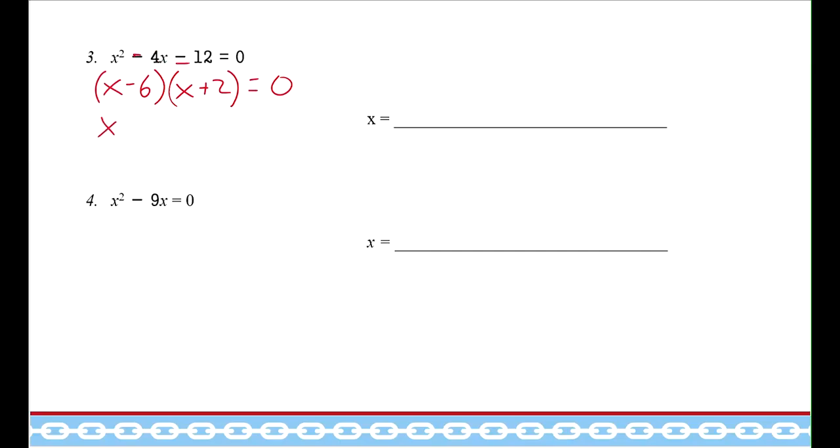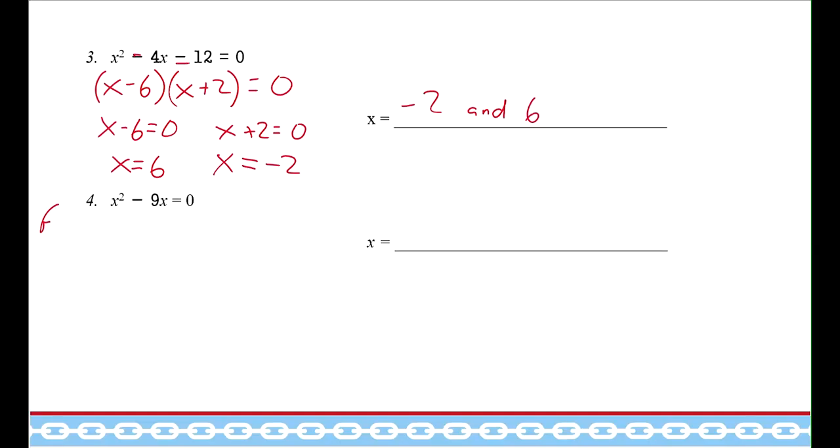So I split, and I solve those two. So I would add 6 away here, get x equals 6. I subtract away the 2 here, so we get x equals -2. So my answer here, -2 and 6.